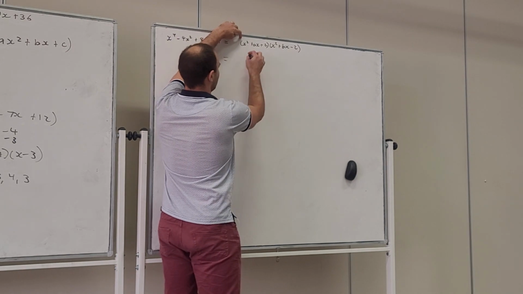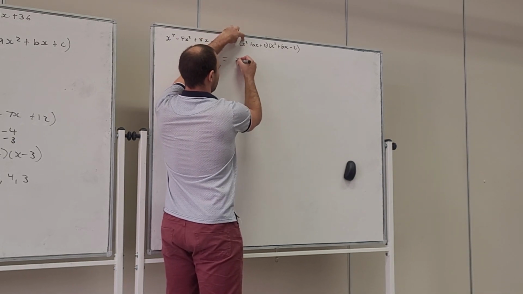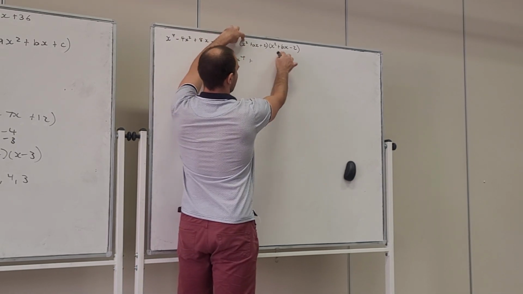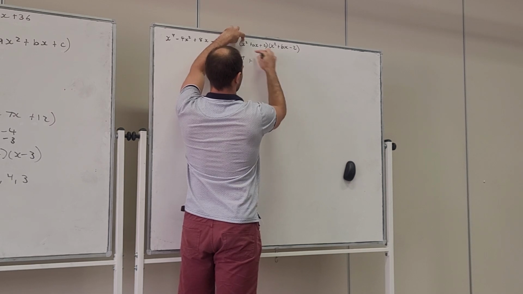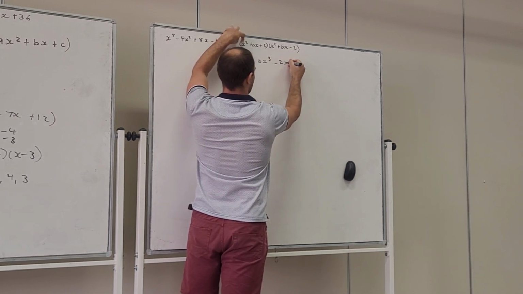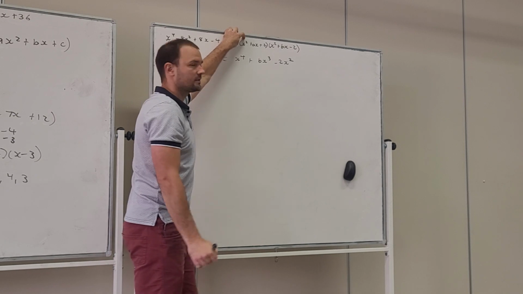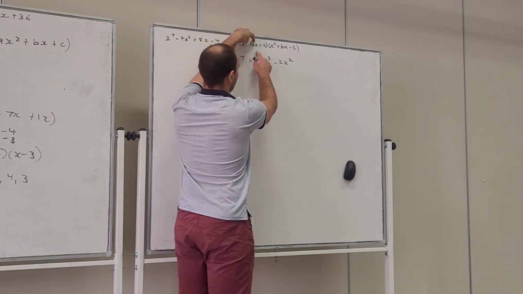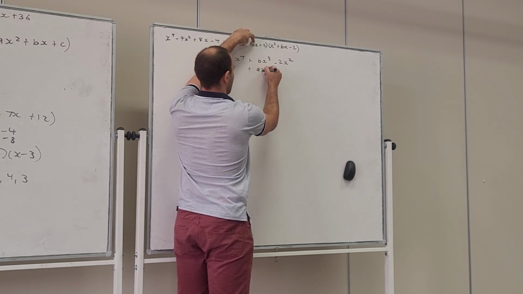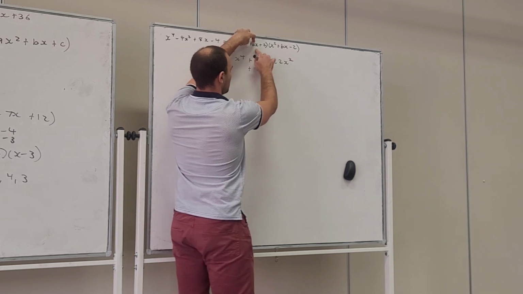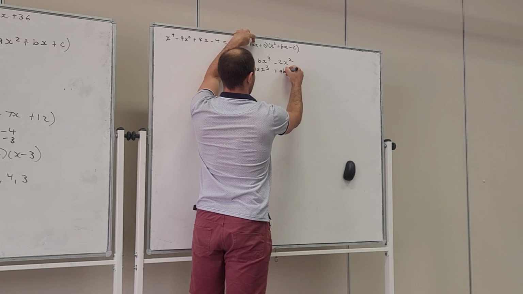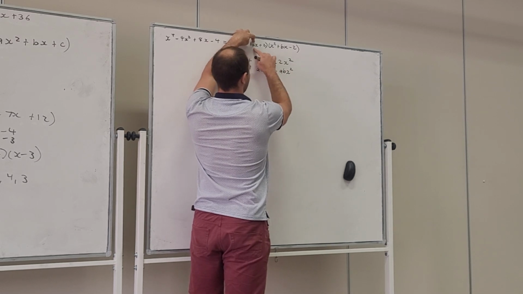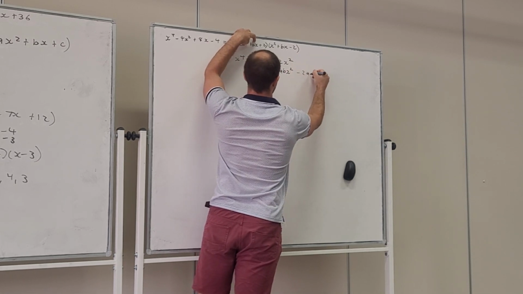So let's go through and perform this expansion. We're going to have x to the 4 plus bx to the 3 take 2x squared. I've just multiplied the x squared term through. Now let's multiply ax through. We're going to have plus ax to the 3 plus abx squared, and then take 2ax.